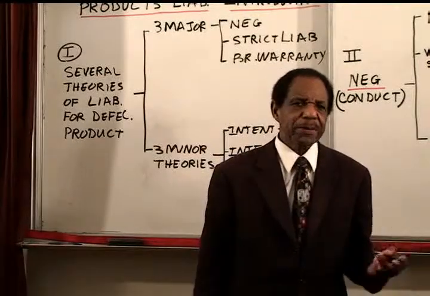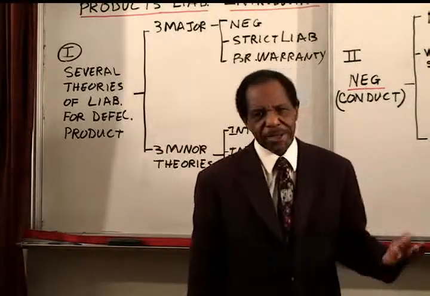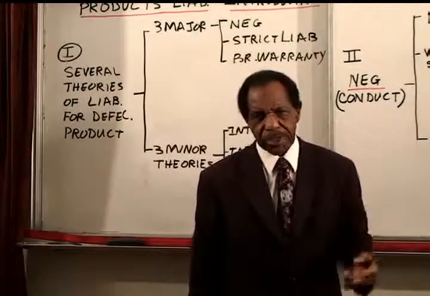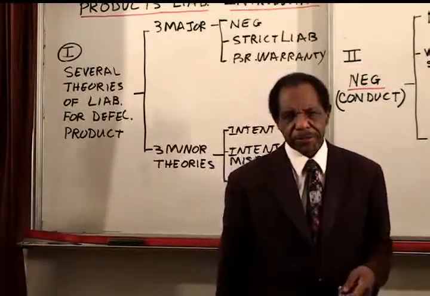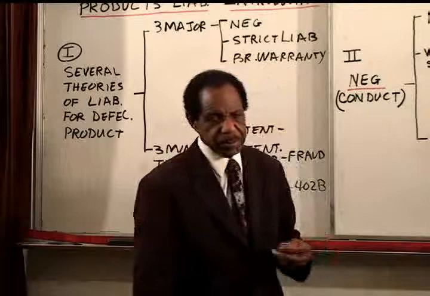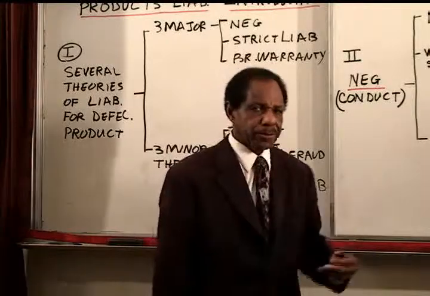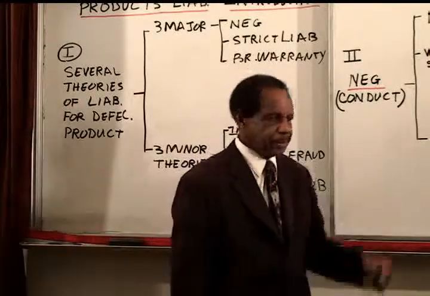Usually it's on the label of the product or it's in advertising for the product, and there's strict liability for that kind of conduct. Misrepresentations on the label or misrepresentations in advertising.